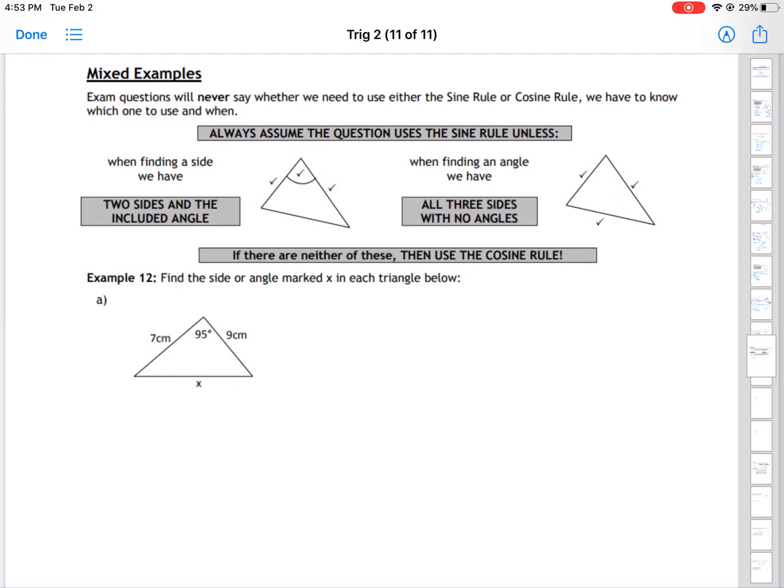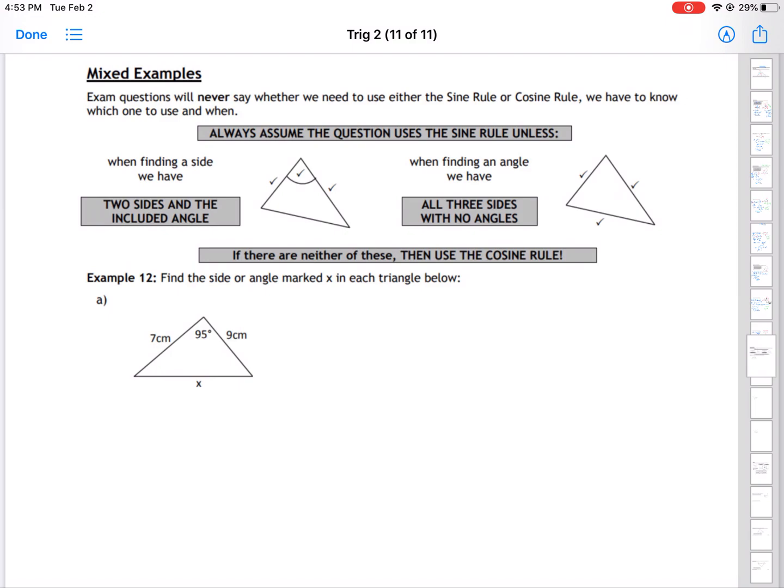If we have all three sides with no angles, and we have to find an angle, then we are going to use the cosine rule. So it says in the grey box there, always assume the question uses the sine rule unless it meets those two conditions. So if it meets those two conditions, then we might have to consider using the cosine rule.